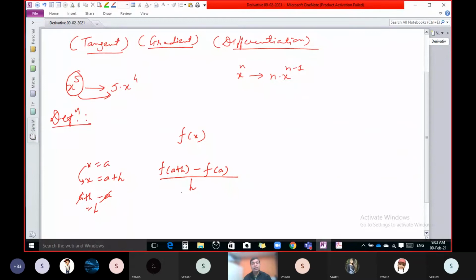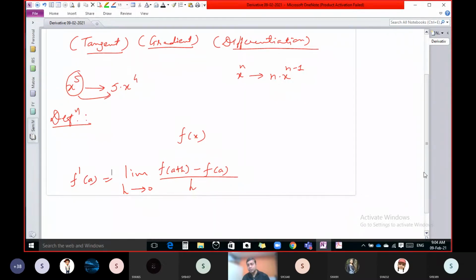And if the value of h is very negligible, like h tends to 0, and if we take the limit of this, then whatever we get is known as the derivative of the function at x equal to a.